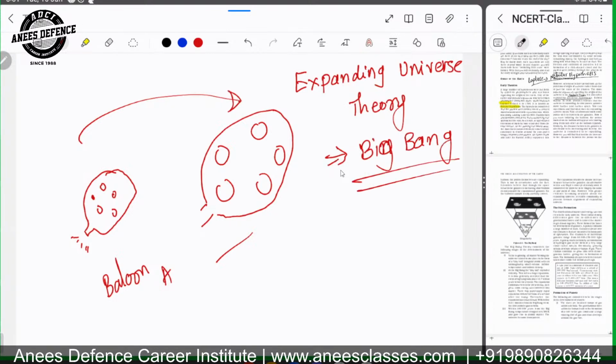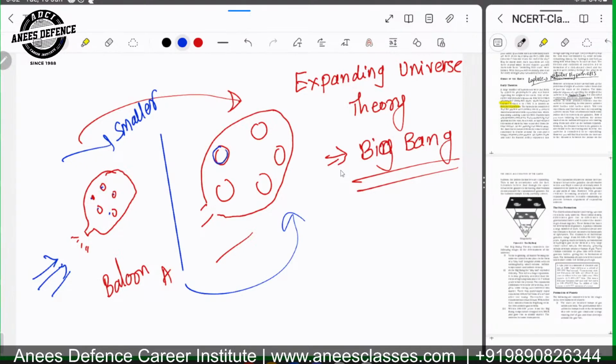It is called the Big Bang theory, and this is one of the most accepted theories in the world. Is it clear? Look at the diagram carefully. Here I have drawn one balloon, which is smaller in size, and even the planets inside it are small. But as I push air into it, the size of the balloon is increasing, and not only the balloon but also these dots.